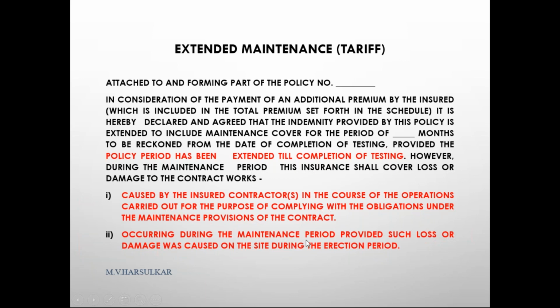Then, occurring during the maintenance period, provided such loss or damage was caused at the site during the erection period. The loss or damage should have been caused during the erection period. The cause of loss should be erection activity, and the loss is during the maintenance period. Only those types of things are covered under this policy.